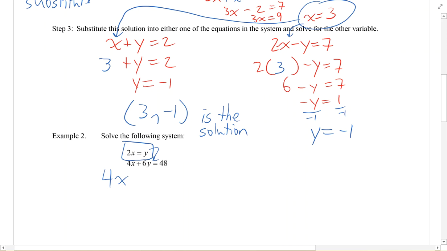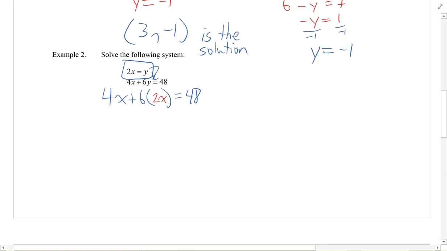So you can take that and substitute it in for your y value. So you'll get 4x plus 6 times bracket. And you're going to substitute in what for y? 2x. It's right there on the page. So then you will multiply out. Go for it.